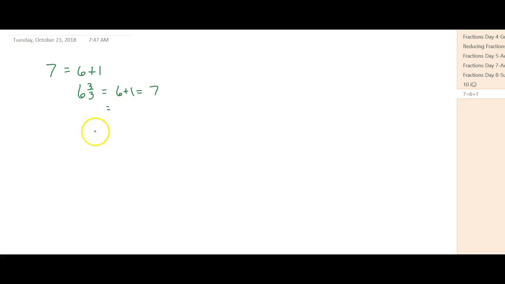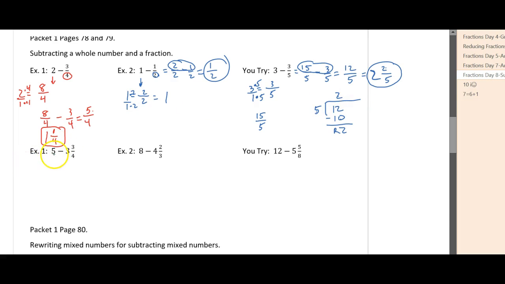Okay, so when we look at this, I have to change 5 into a mixed number with a denominator of 4. So what I'm going to do is subtract 1 from that, and I'm going to say 5 is going to be equal to 4 plus 1, which is 4 and 4 over 4.